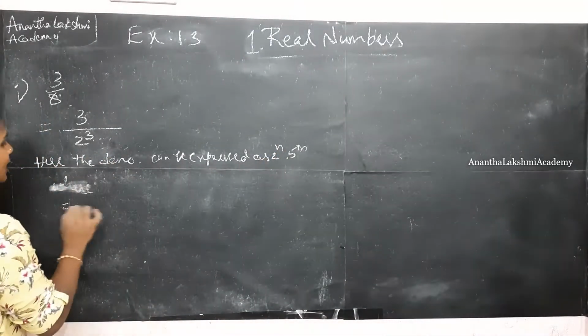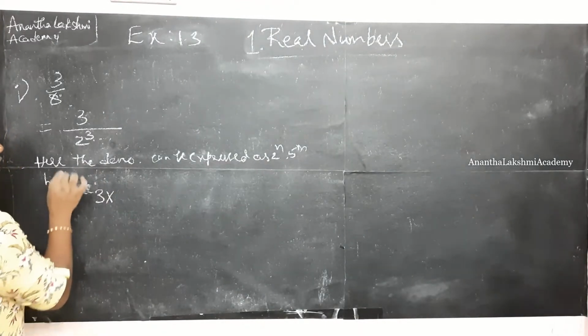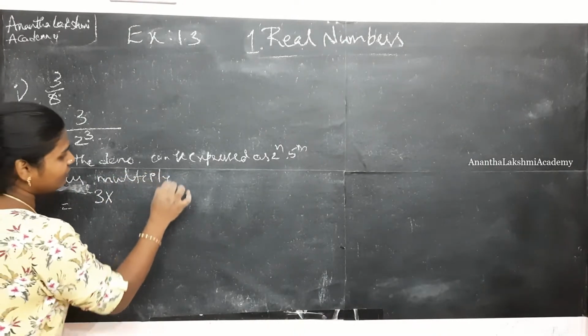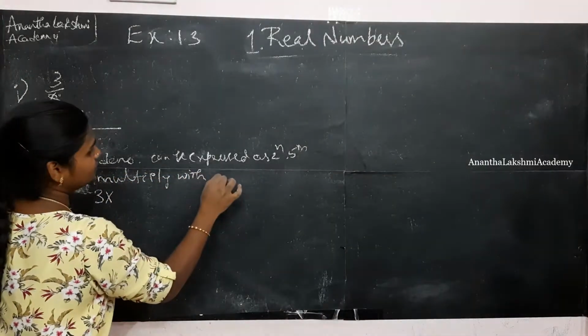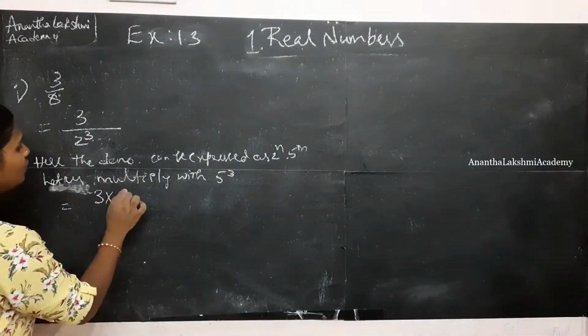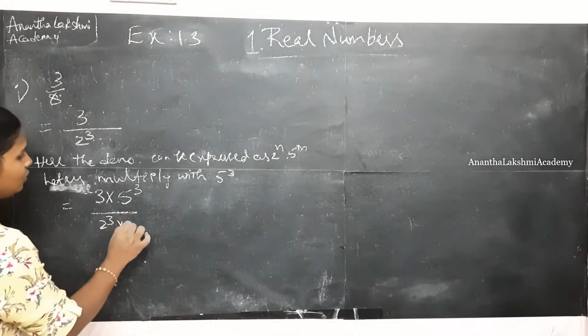In order to get that, let us multiply with 5 cube, because we want the decimal expansion, right? 3 into 5 cube divided by 2 cube into 5 cube.